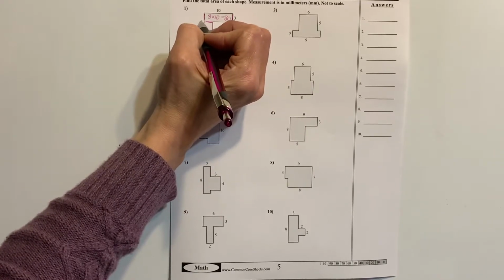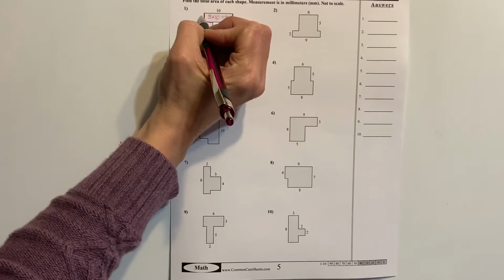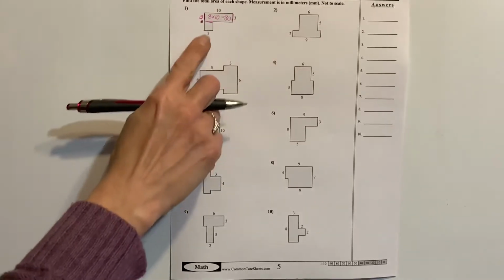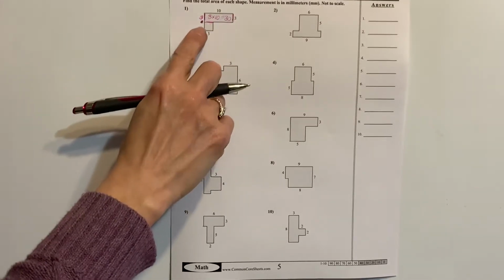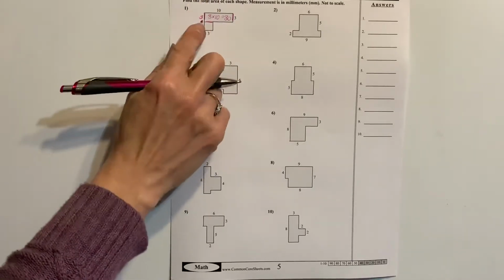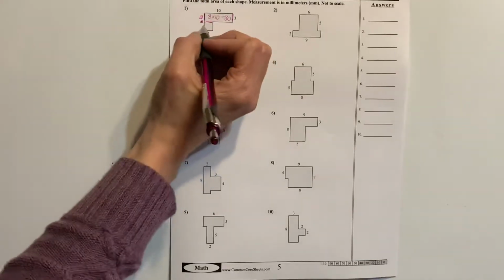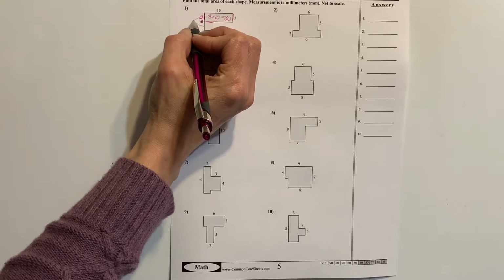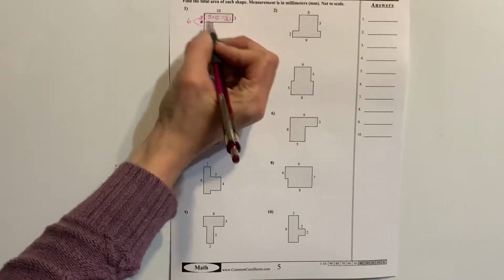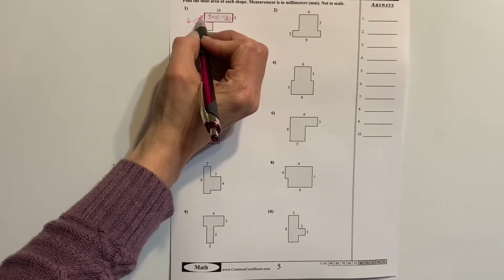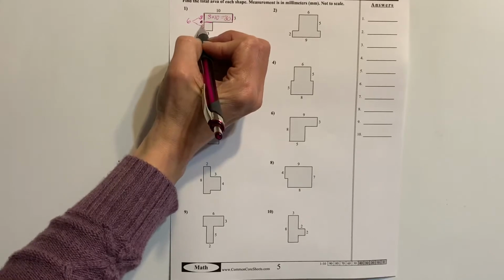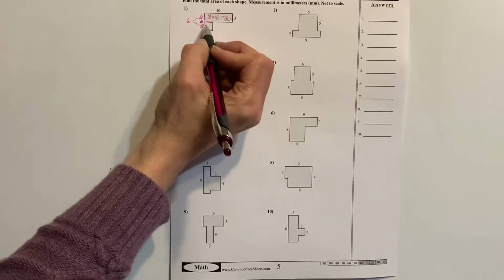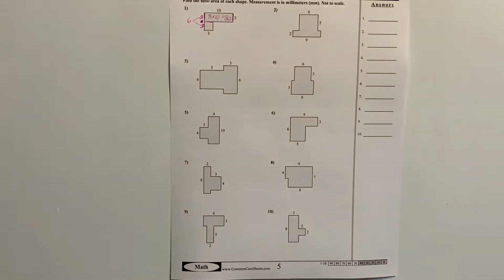So I can cross out that 6 and make this a 3. If this part is 3, and the two numbers need to go together to equal 6, I know that 3 plus 3 gives me a total of 6. So that would make this line 3.